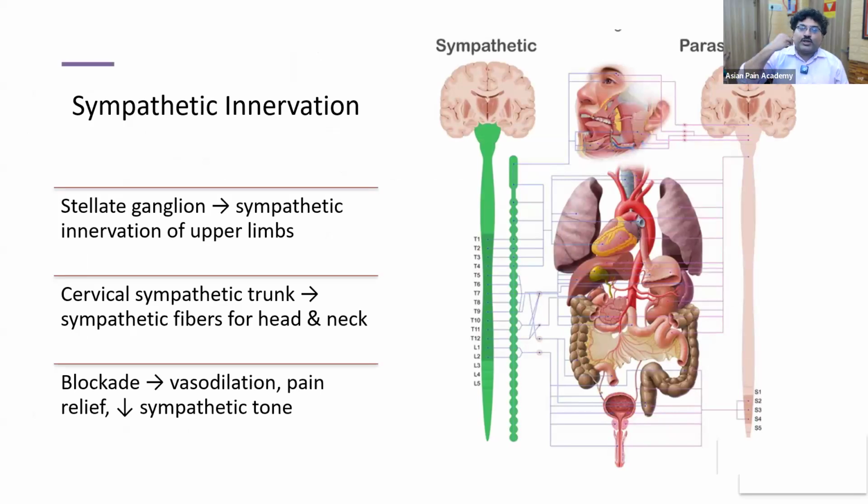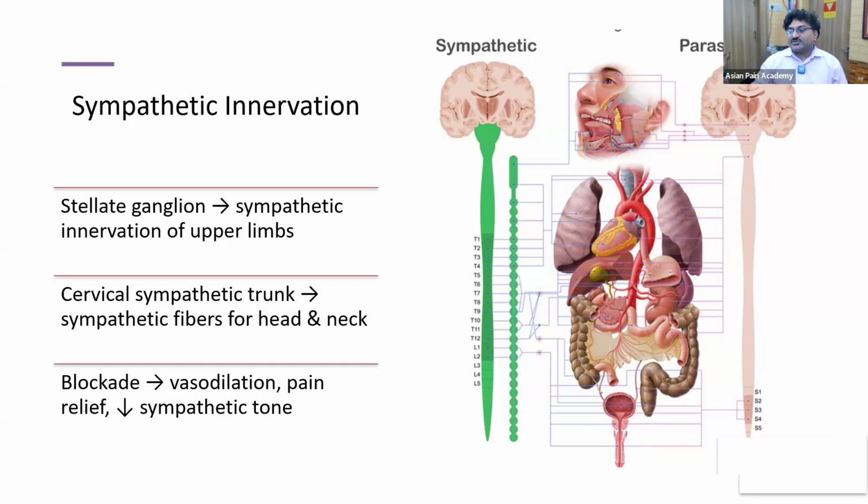The fibers also go to the cervical sympathetic trunk and then give sympathetic fibers to the head and neck. If you block it, it will cause vasodilatation. So all vasospastic diseases that cause pain can get pain relief. Also, after blocking, any sympathetically afferent mediated pain will also be blocked, and there will be decreased sympathetic tone.